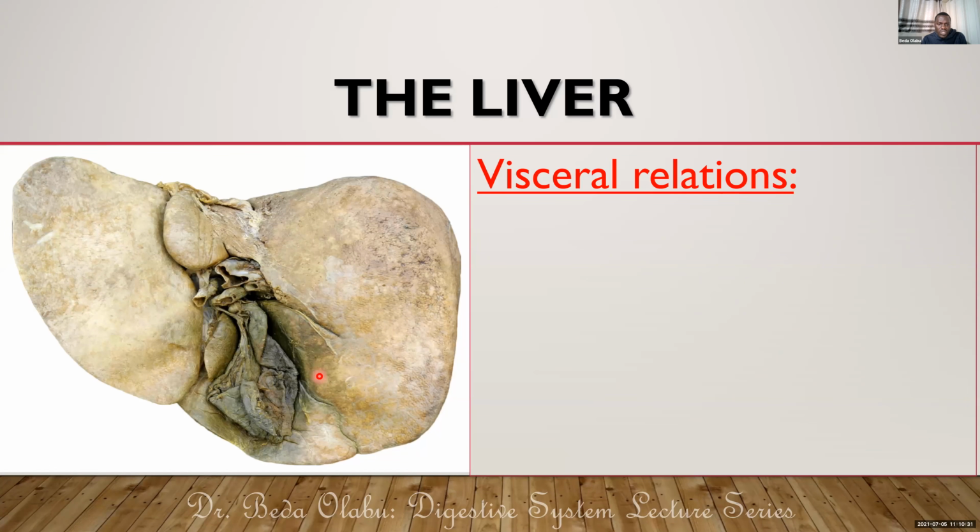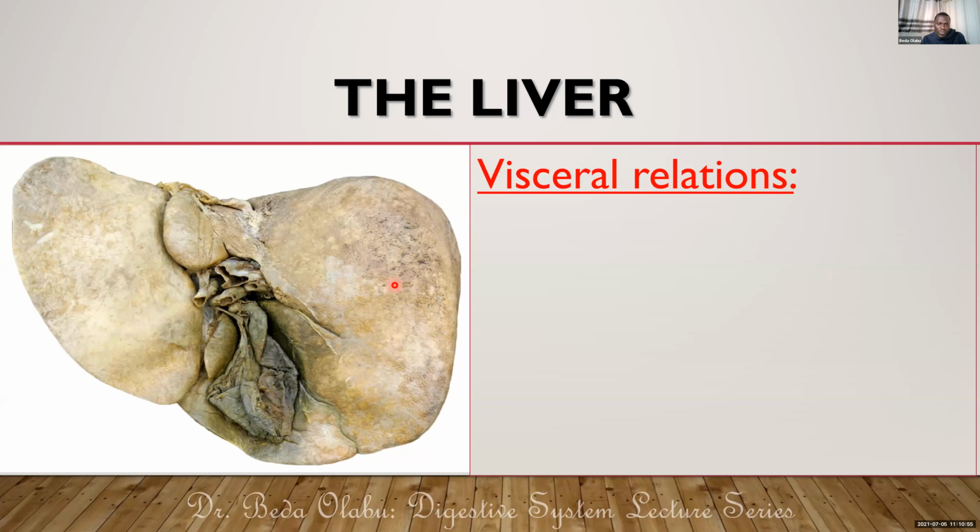Next to that duodenal impression is this region, which is the impression of the right kidney. So the right kidney makes this impression here. And above the right kidney, we have the impression of the right suprarenal gland somewhere there. This is the impression of the right suprarenal gland.